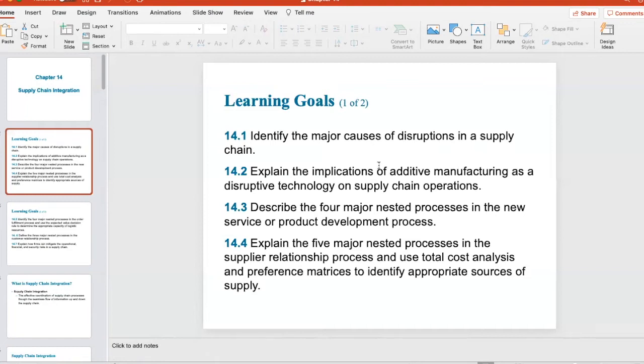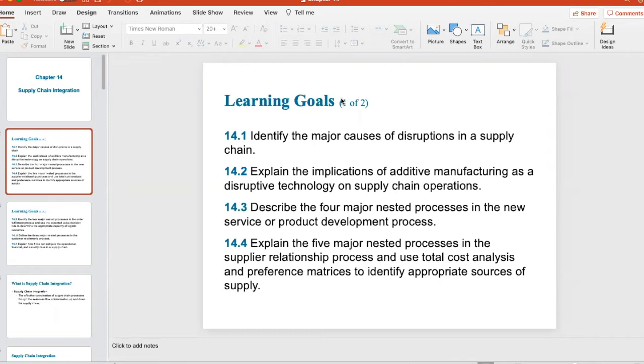All of this indicates that great integration within the supply chain is very necessary and very important. We'll also introduce a newly developed innovative supply chain technology called additive manufacturing. We will talk in detail about what it is and what the impact of this type of technology will be on the supply chain integration process.